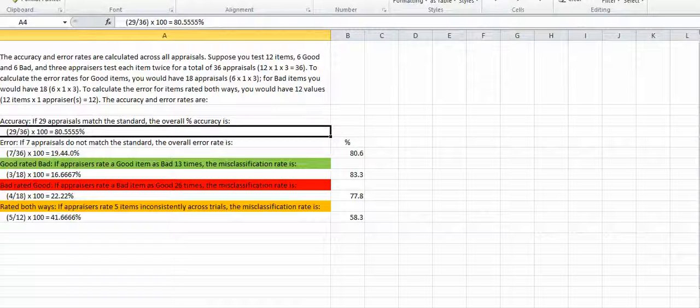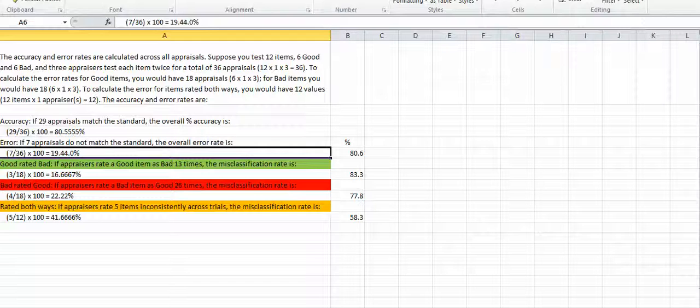So remember, we have 29 of the total of 36 agreement, and this turns out to be about 80.5% accurate.